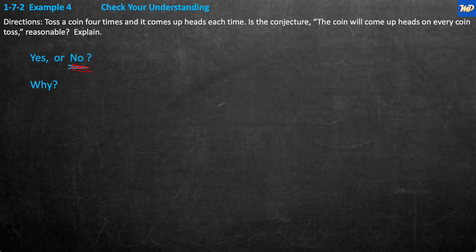So if it's an honest coin, it should or could come up heads. Oh, it's come up heads every time. It can come up tails the next time. It could come up tails the very next time you toss it.